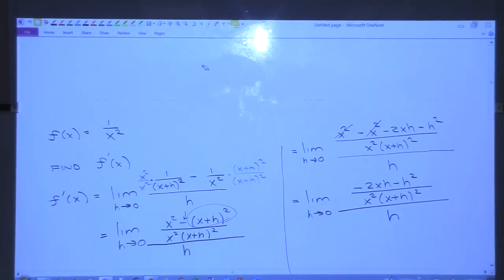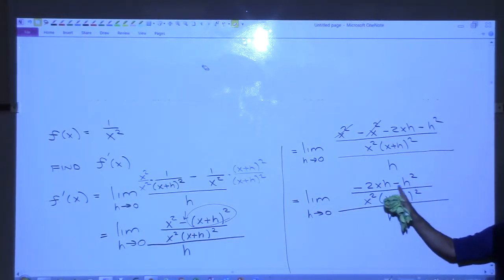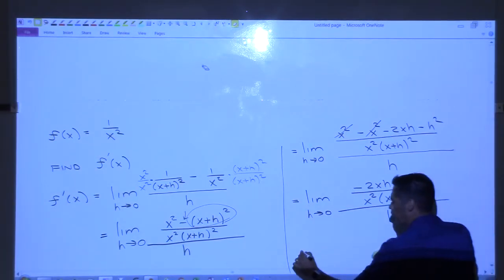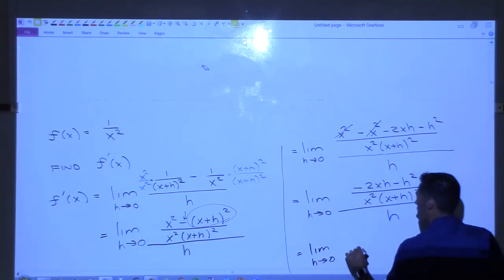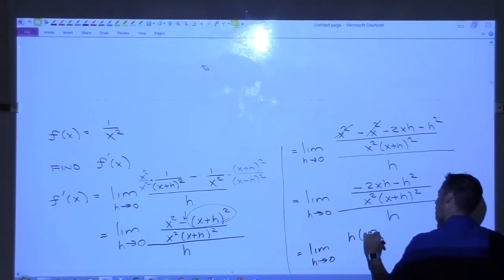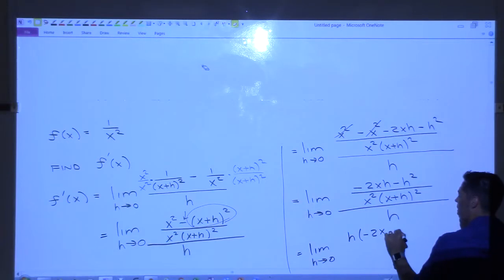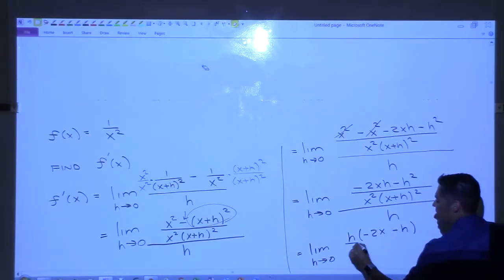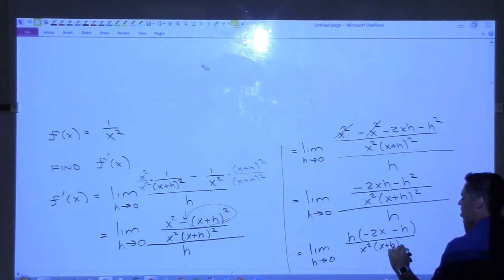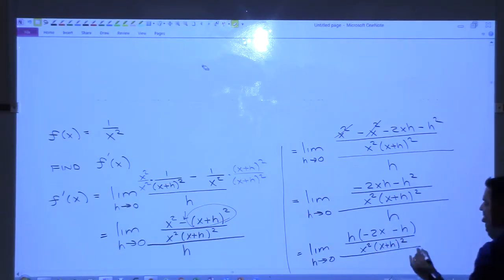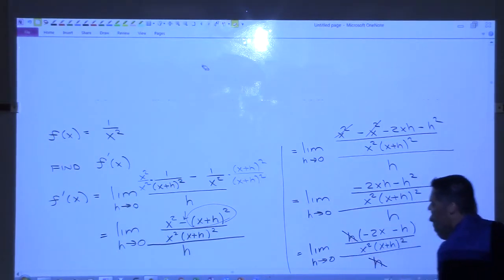And now you see that I can pull an h out of both of those. So I'm going to factor the h out now. Still have my common denominator. All still over h. And now we're at a point where those h's can cancel. So this h and this h are gone.